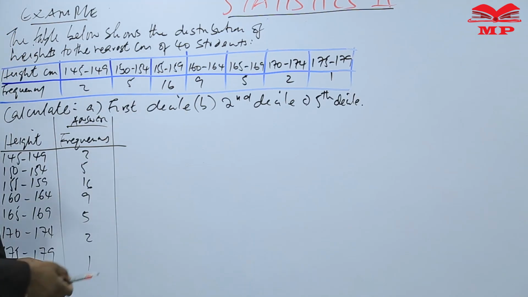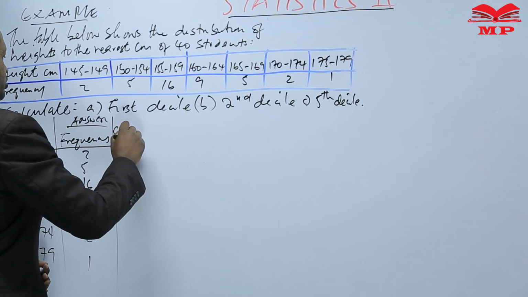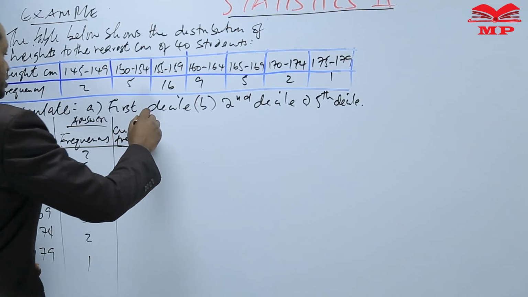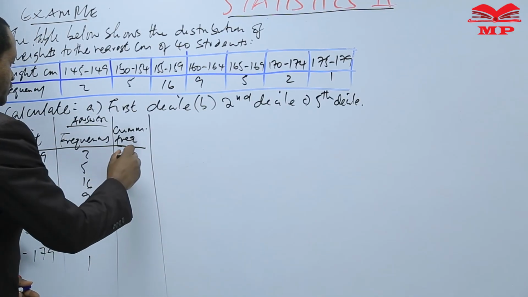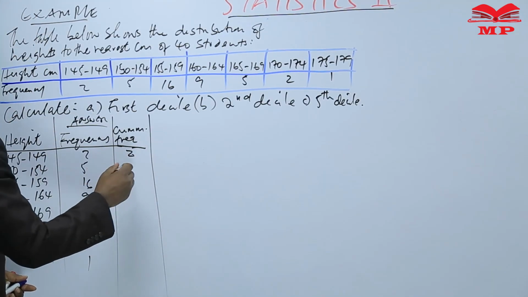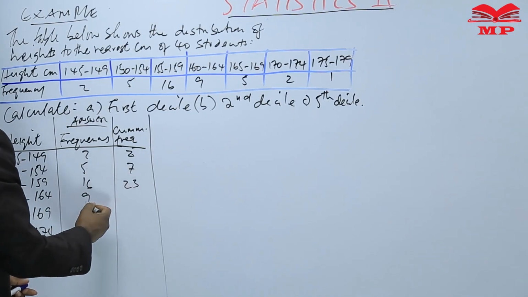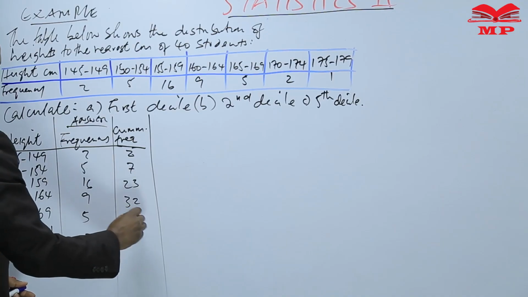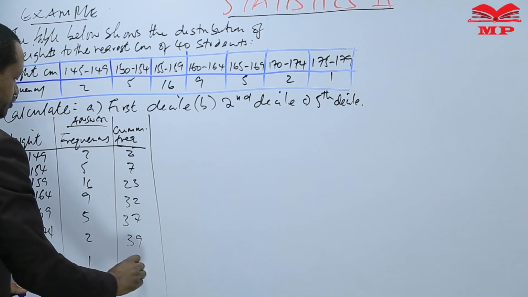From that formula, we require cumulative frequency. So let us cumulate the frequencies first. We have 2 plus 5, 7, plus 16, 23, plus 9, 32, plus 5, 37, plus 2, 39, plus 1, 40.